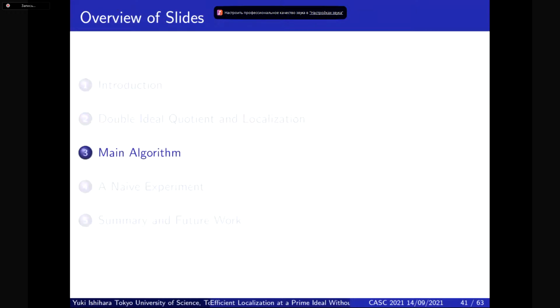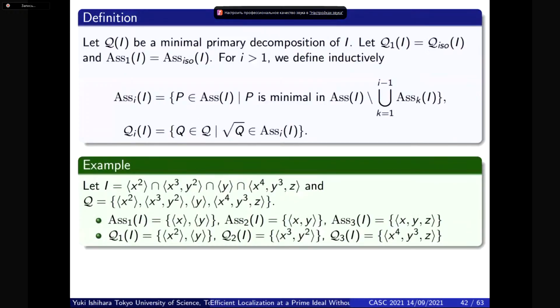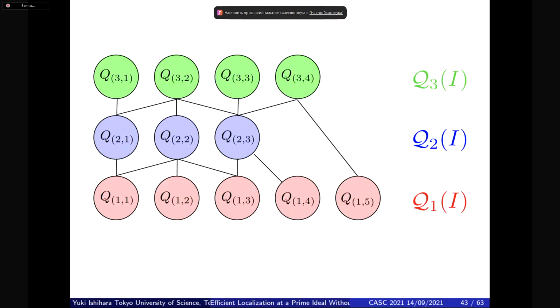Then I explain my main algorithm like this. First, I divide the parametric decomposition into some groups, like this. This is a parametric decomposition of I. In this case, I divide it into classes.